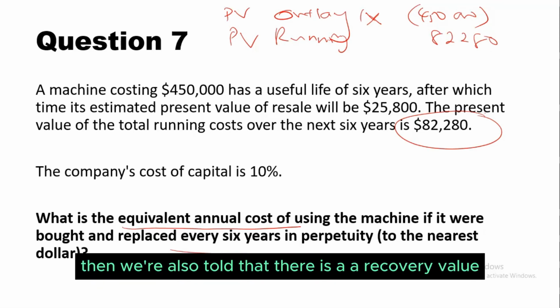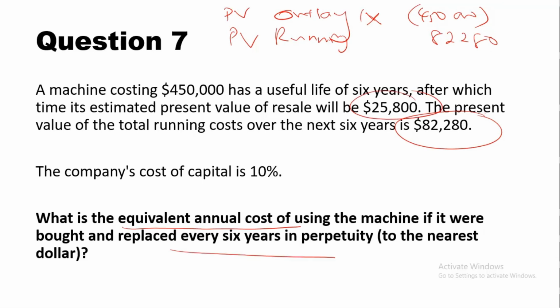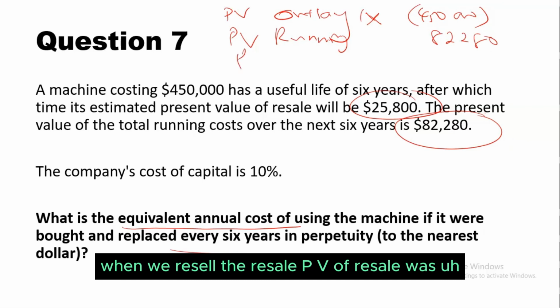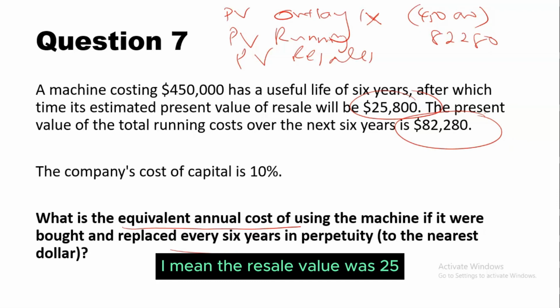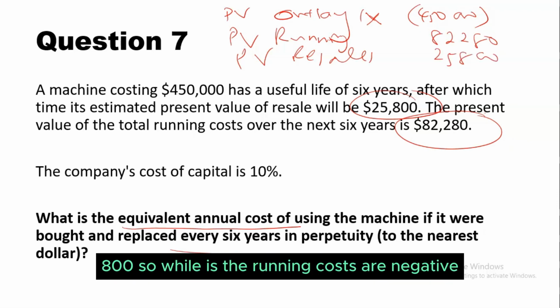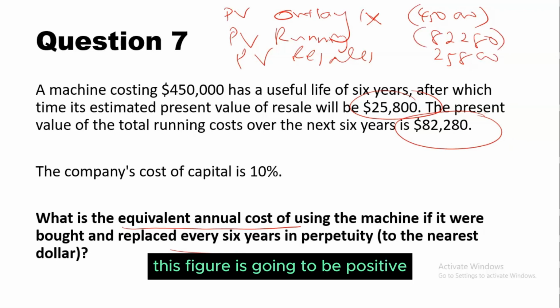Then we are also told that there is a recovery value when we resell. The PV of resale value was 25,800. So while the running costs are negative, this figure is going to be positive.